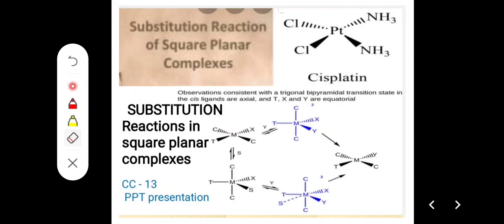When the good leaving group leaves the carbon atom, a carbocation is produced as an intermediate, and then solvent or nucleophile attaches to the carbocation. This is termed SN1 reaction.